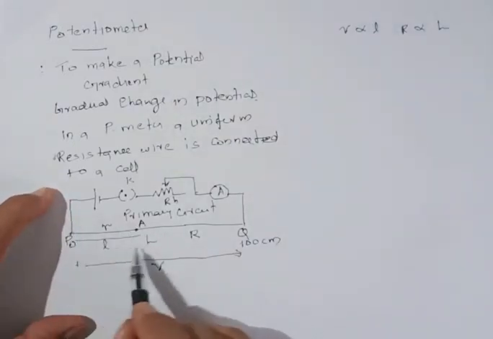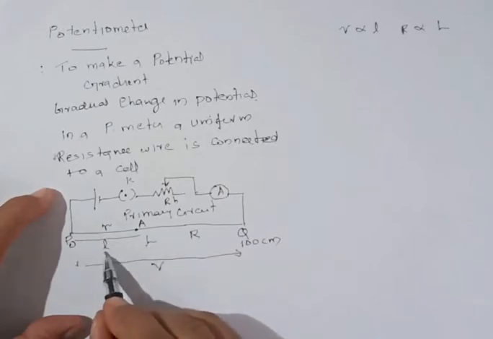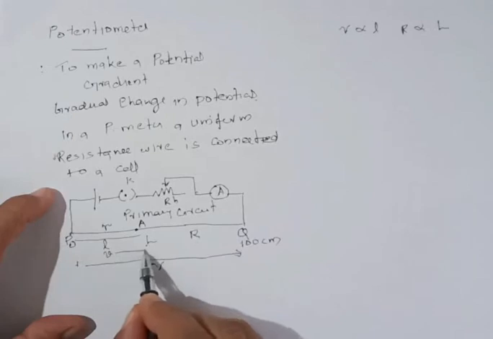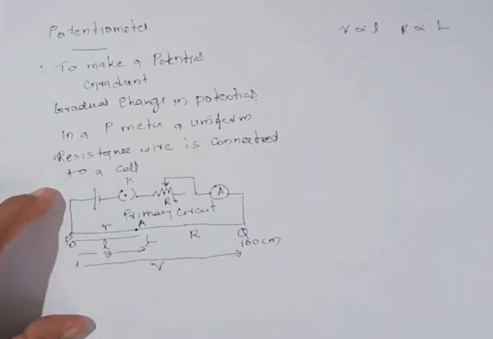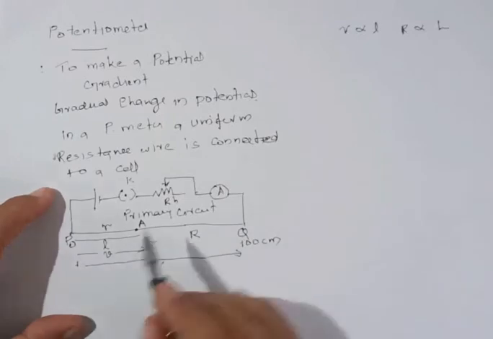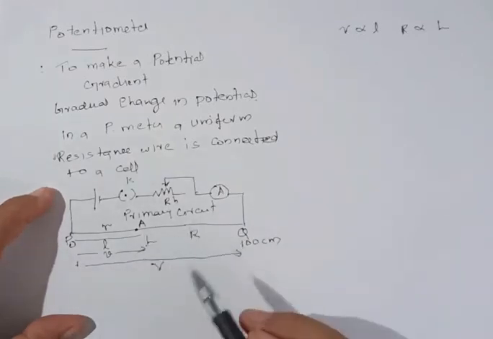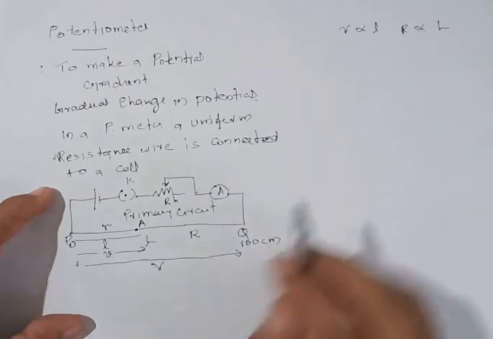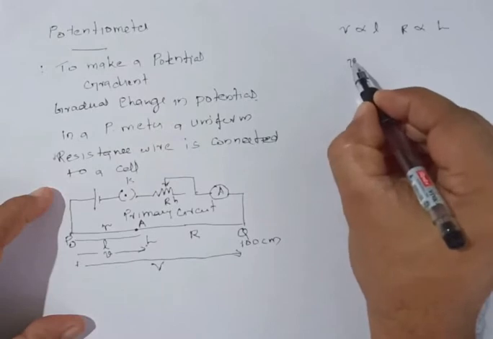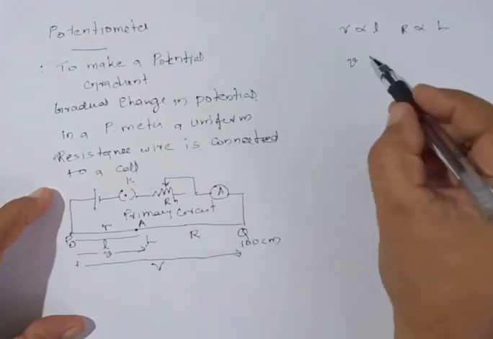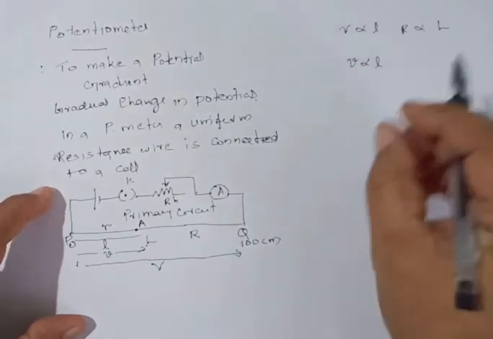Let us assume that the potential drop between these 2 points, P and A, is small letter v. Then we can write that the potential difference between any 2 points, v, is proportional to the length itself.